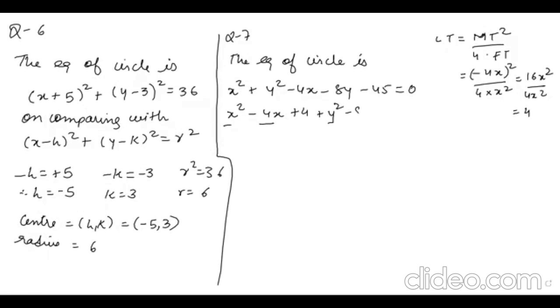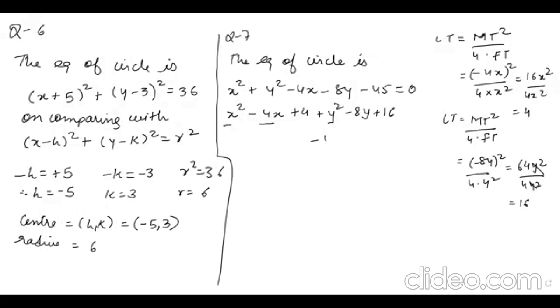y square minus 8y. In the same way I will find the last term in this case also, middle term square upon 4 into first term. So middle term is minus 8y whole square upon 4 into y square. 64y square upon 4y square. This will get cancelled and I will have 16. So I am taking plus 16 extra.